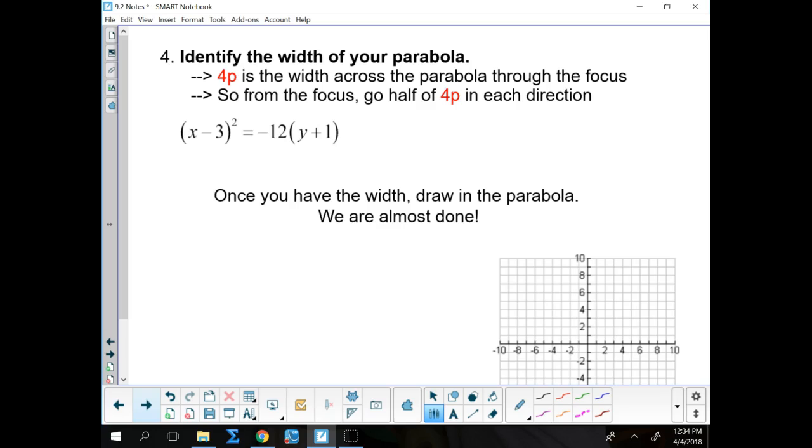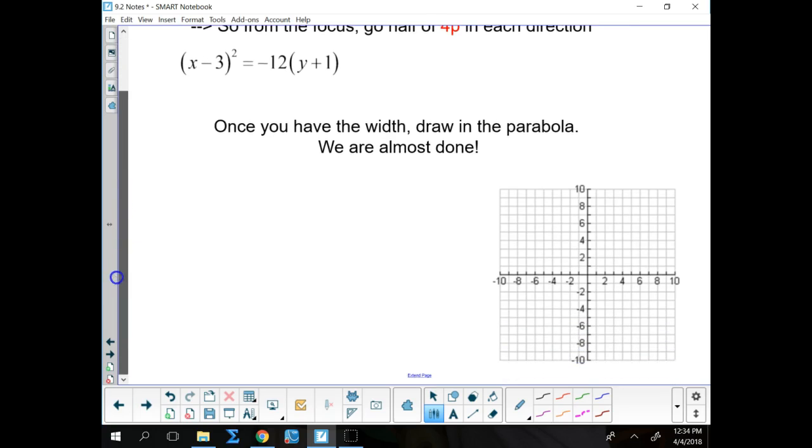So you go to your focus and you go half of 4p in each direction. So let me bring us back up to speed here now. We said that 4p was negative 12, right?